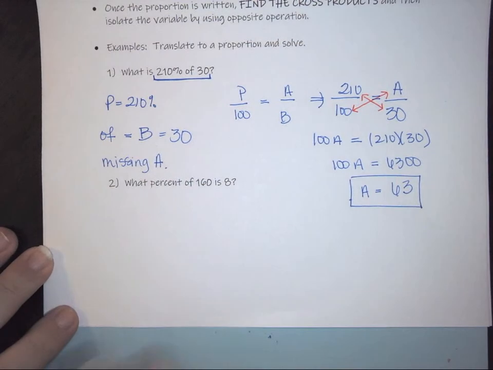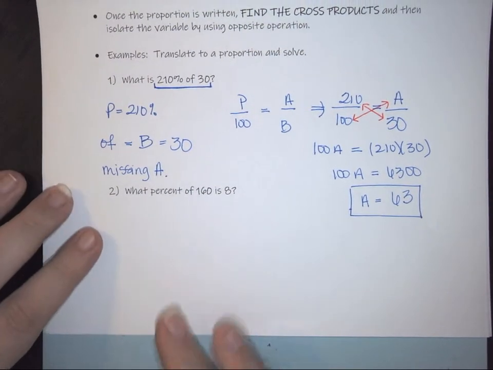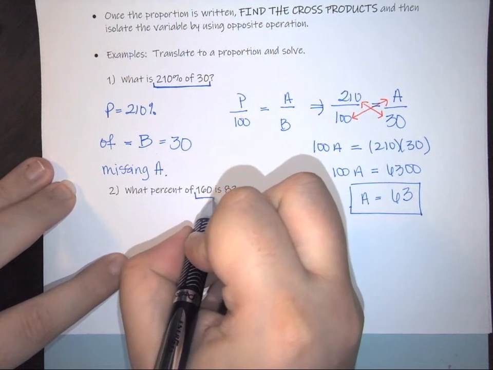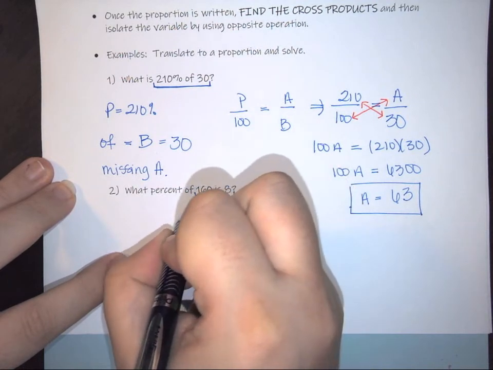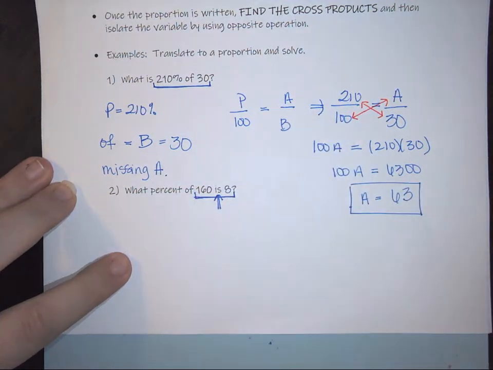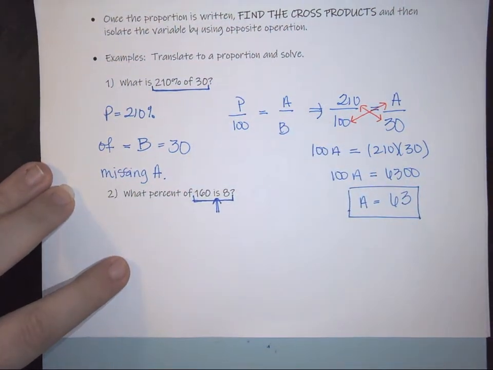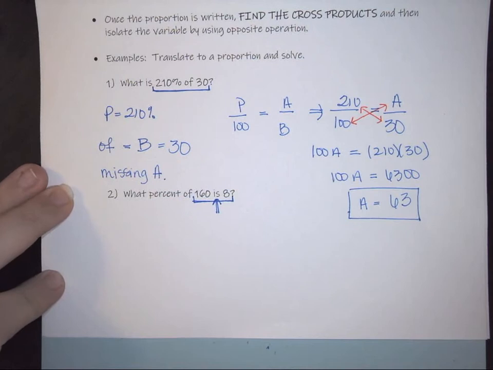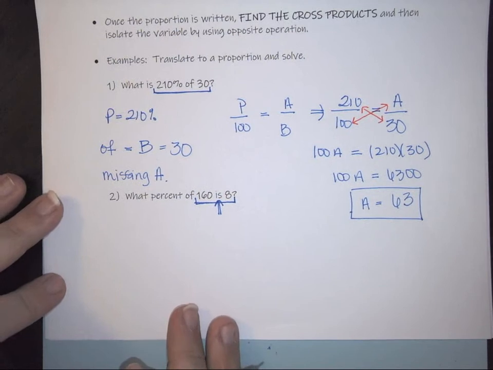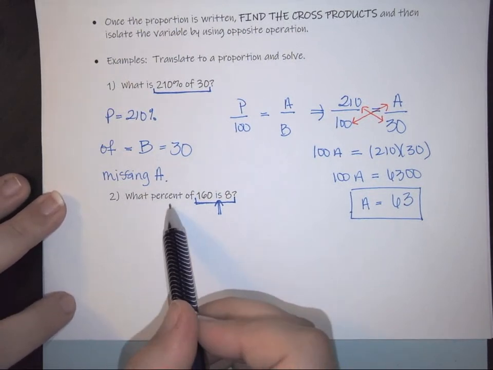Alright, so let's look at another one. Here we have what percent of 160 is 8. So again, the most important thing that we're looking at here is the is piece. What do we know? Here we're trying to find what percent.